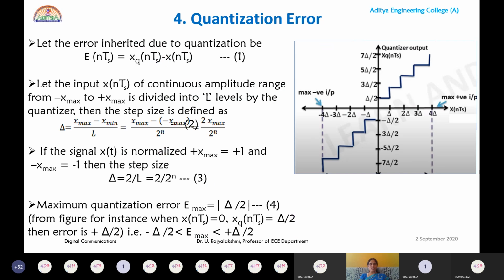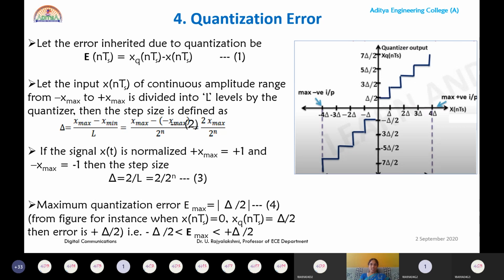In this slide, you can observe the error inherited due to quantization, what we discussed from the last slide, and we represented the corresponding equation, which is xq of nTs minus x of nTs. Take that equation as 1. Now please observe the characteristics.